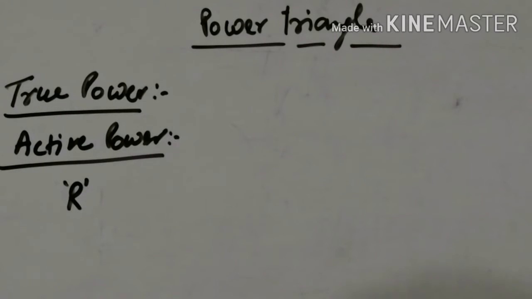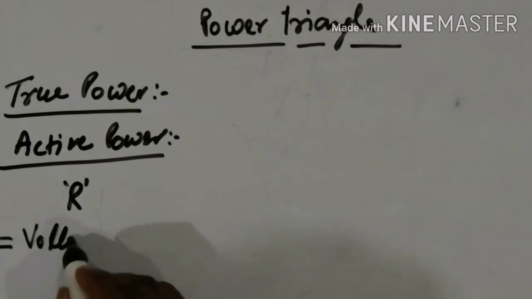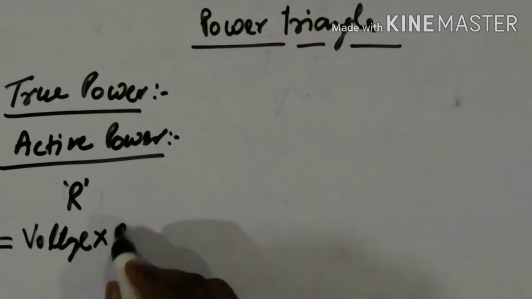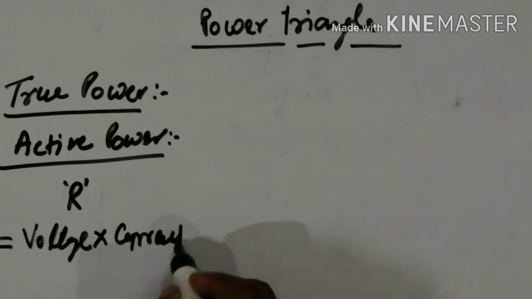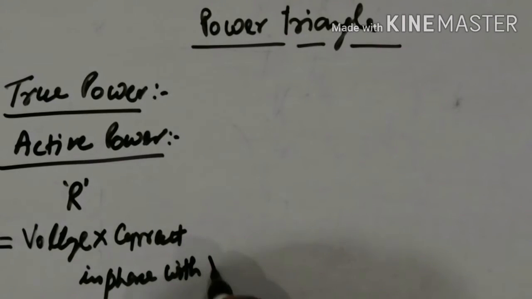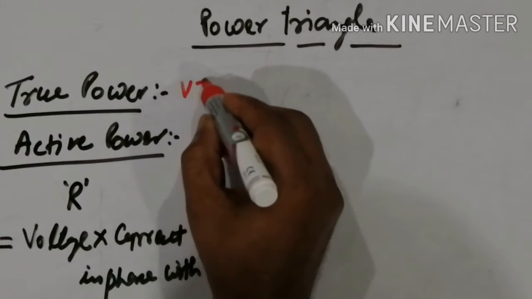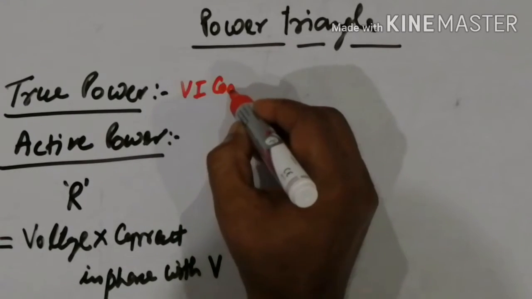In this case, voltage and current are in the same phase. So true power is nothing but voltage into current in phase with voltage, and active power is also given by the formula, that is VI cos phi.